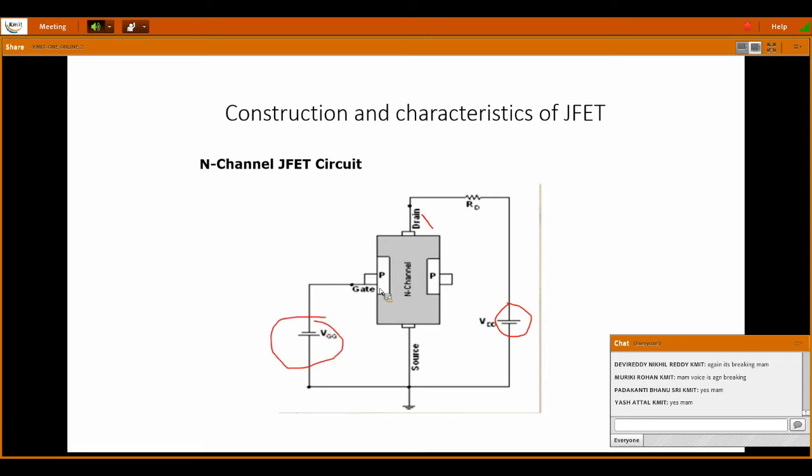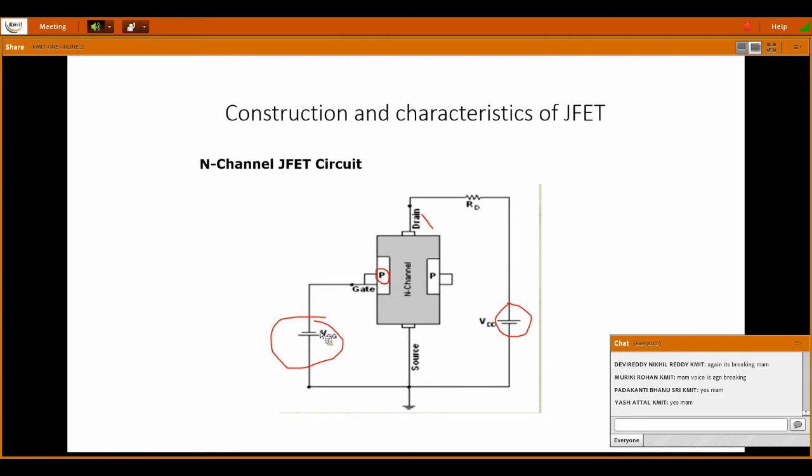Okay, we call it reverse bias when P-type material is connected to the negative of the battery and N-type material is connected to the positive of the battery. So here also, the gate is taken from the P-type material.